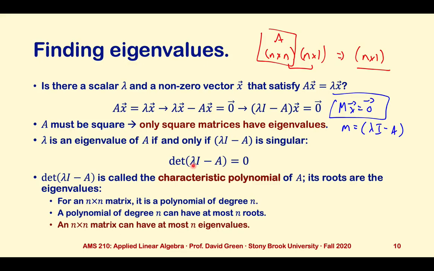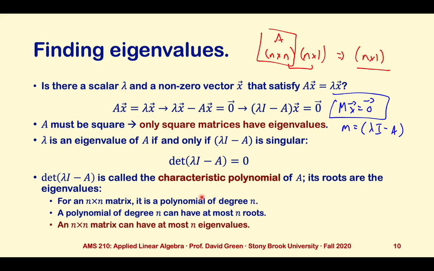This is going to give us our approach to find eigenvalues. This determinant is going to end up being a polynomial of degree n in lambda. Lambda is going to be the variable of this polynomial.